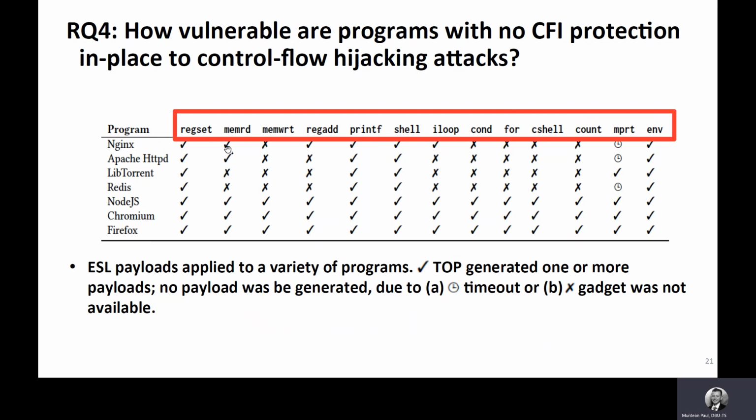Here, in case we had a check mark, we could generate a payload based on this primitive. If we had the clock representation like here, we timed out. And if the X was presented, the gadget was not available or our searching algorithm was not able to find it. So as you can see, in most of the cases, we are able to generate such a payload.